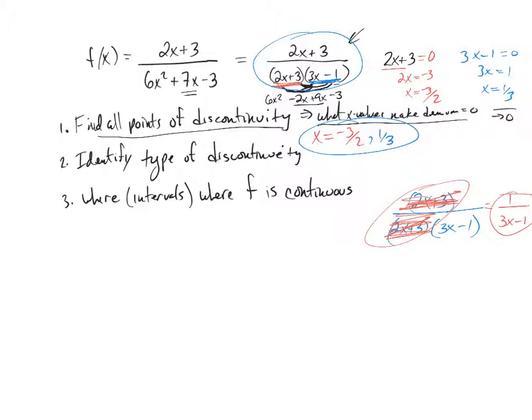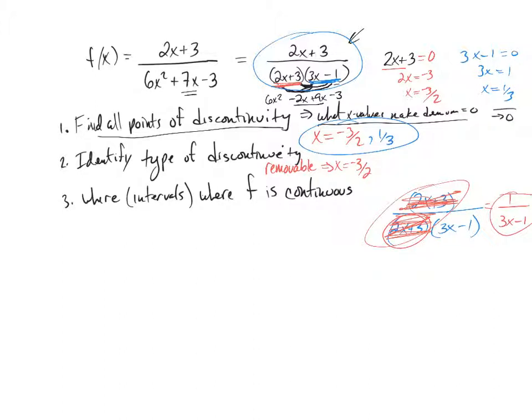So a removable discontinuity occurs at an x value where the common factor in the numerator and the denominator is. So removable should really be called maybe factor outable, or cancel outable. So the removable one was the 2x plus 3, and that was when x was equal to negative 3/2.